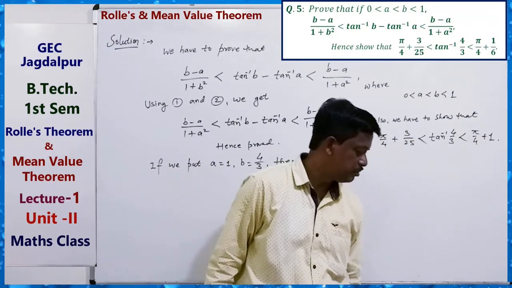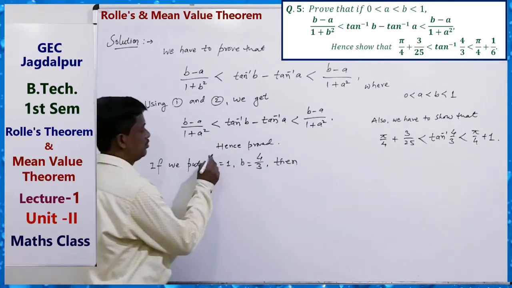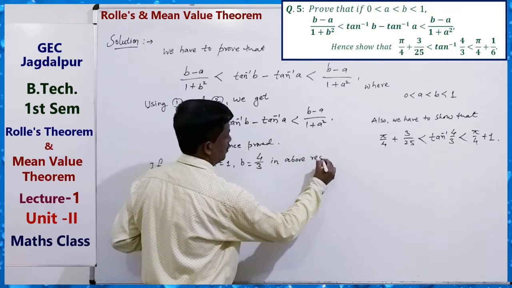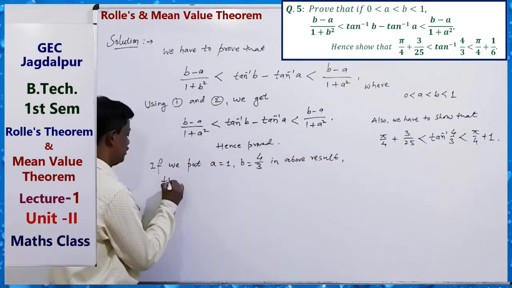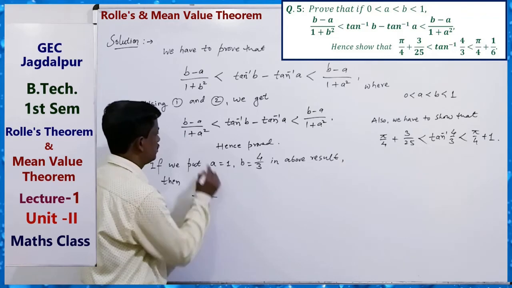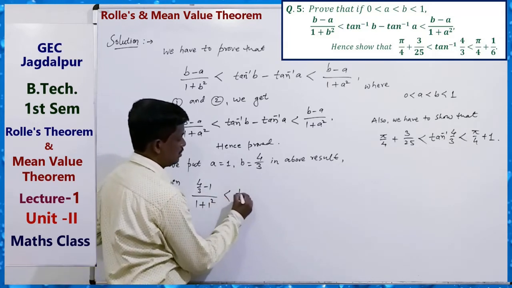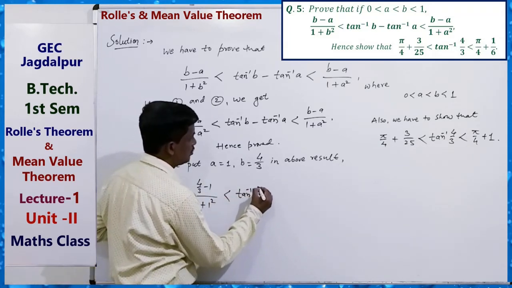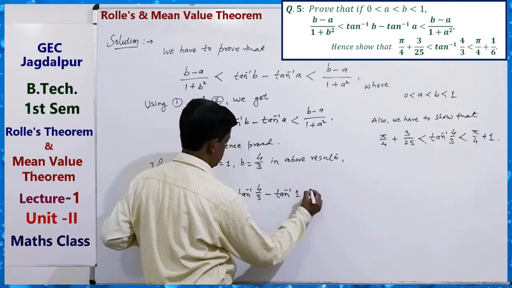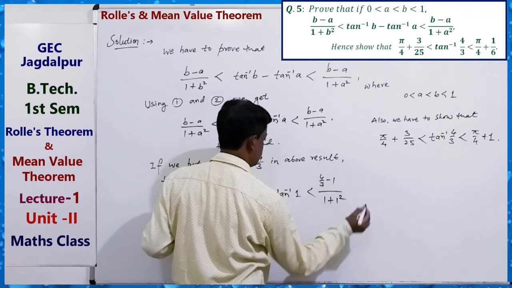Then if we put this in the above result, we get 4 by 3 minus 1 upon 1 plus 1 square is less than tan inverse 4 by 3 minus tan inverse 1, which is less than 4 by 3 minus 1 upon 1 plus 1 square.